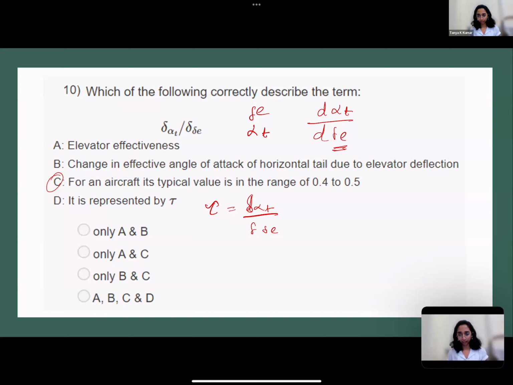I've asked multiple questions here and your responses are coming late, so I'm not sure what you're responding to. Deflecting elevator down, is it positive or negative? Sign convention.